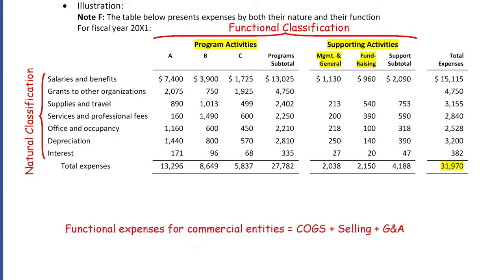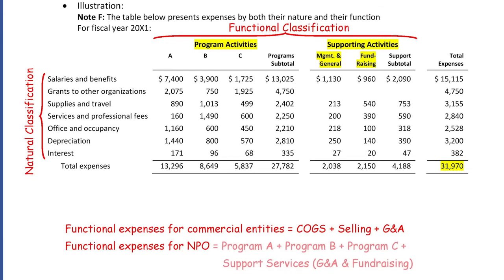Next, functional expenses for not-for-profits. That's equal to, as we've seen just now, program A plus program B plus program C. So that's all the program activities.